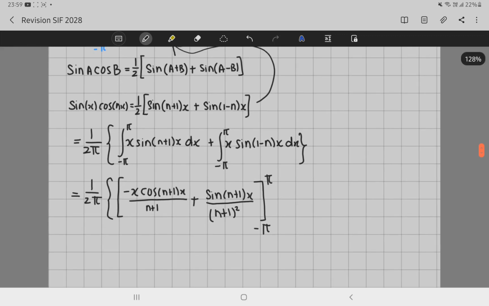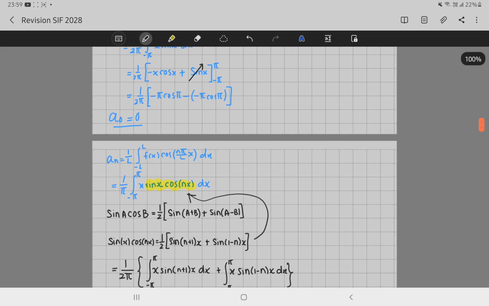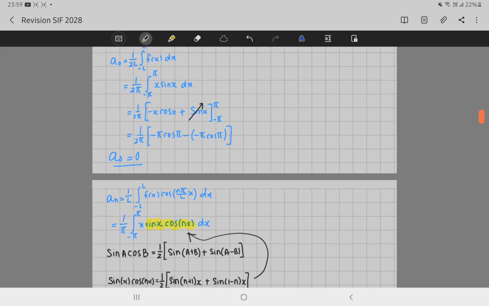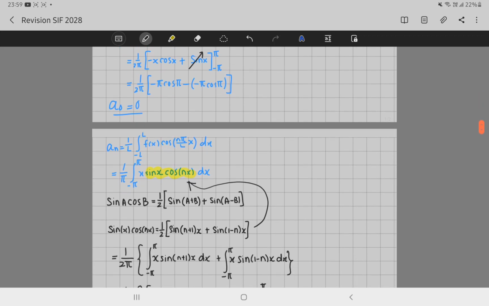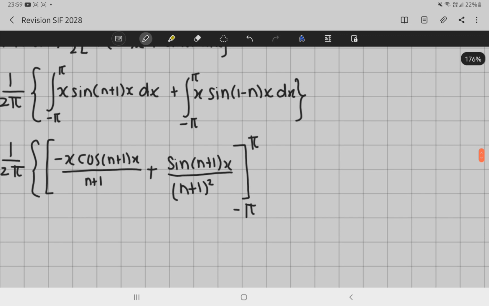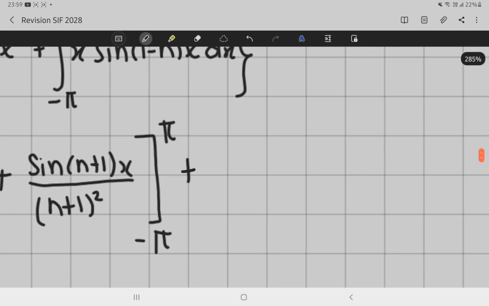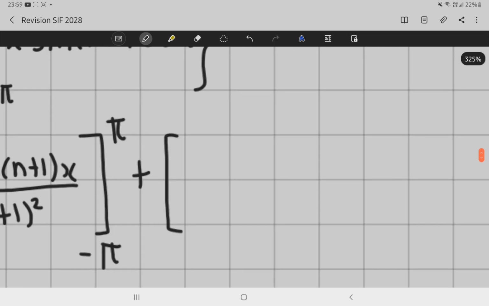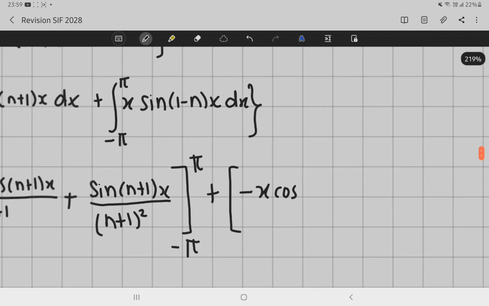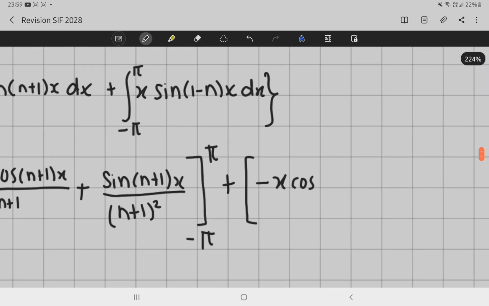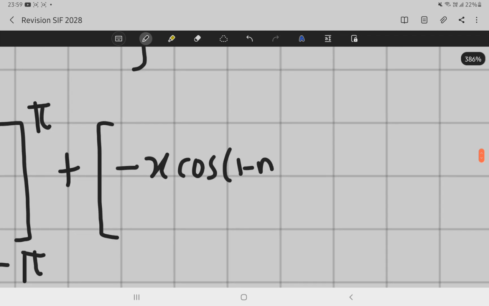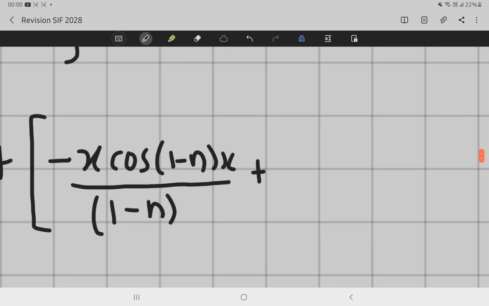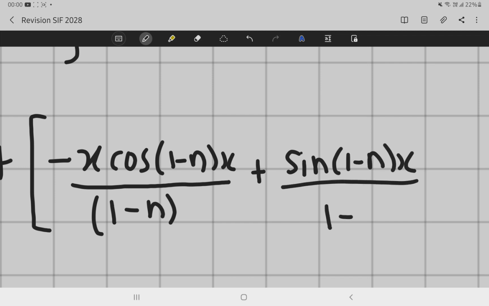Okay, let me see. Okay, so this is pretty similar, plus minus x cosine 1 minus n x divided by 1 minus n plus sine 1 minus n x over 1 minus n square.